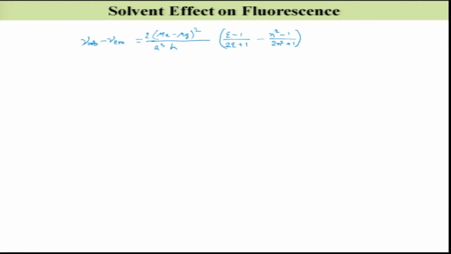So, what I got is this equation, and if you want you can change it to the wave number. So, if I change nu to nu bar, what I have to do? I have to divide this by another c, right.